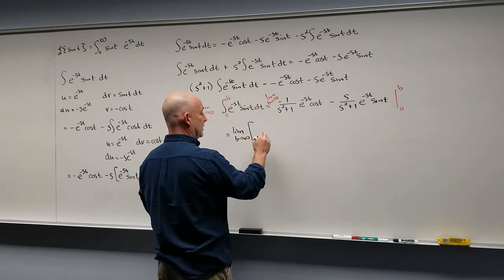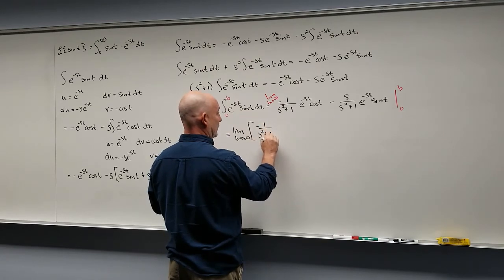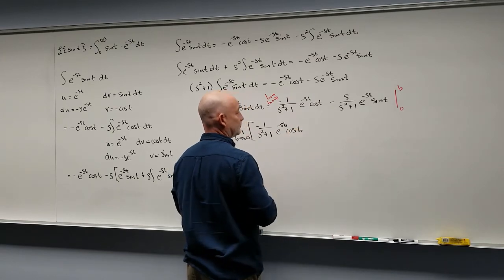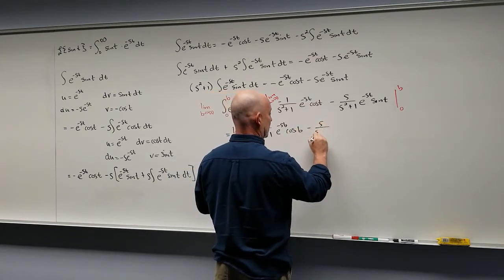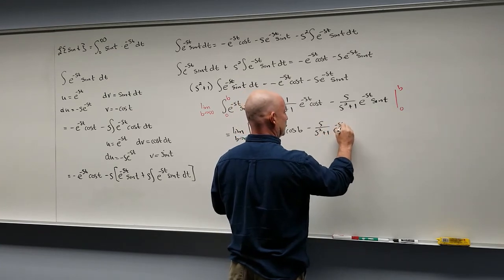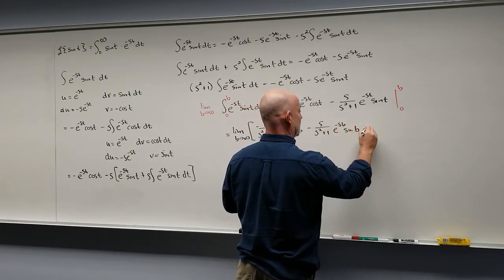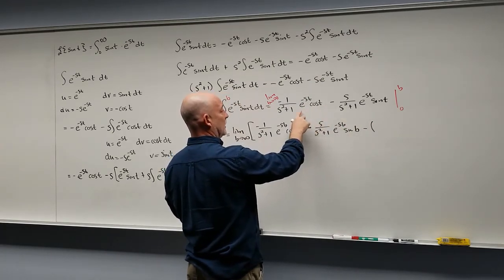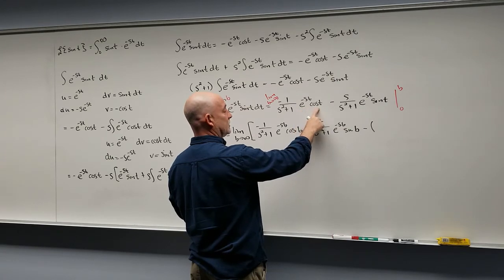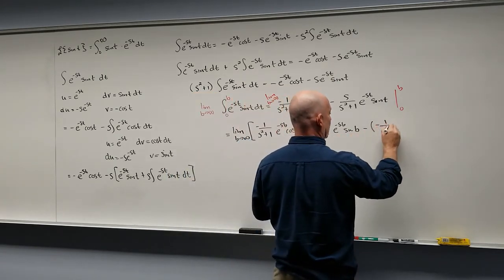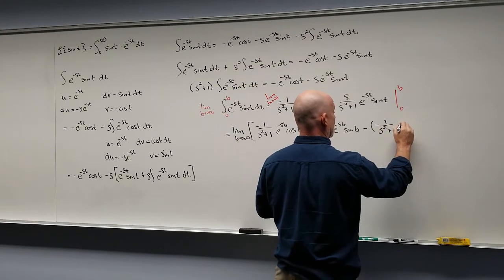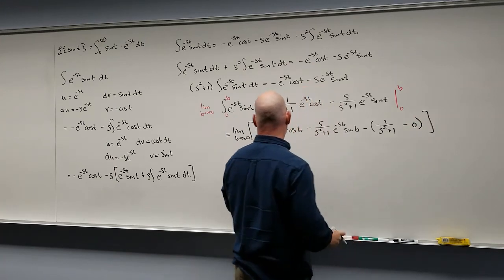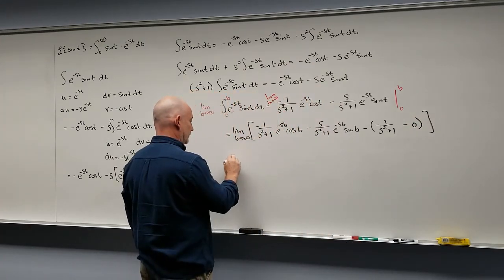Top endpoint, let's put the b in there, negative 1 over s squared plus 1 e to the negative sb cosine b minus s over s squared plus 1 e to the negative sb sine b minus. All right, when we put 0 into here, e to the 0 is 1, cosine of 0 is 1, so that's just negative 1 over s squared plus 1, minus, the sine of 0 is 0, so that goes away.